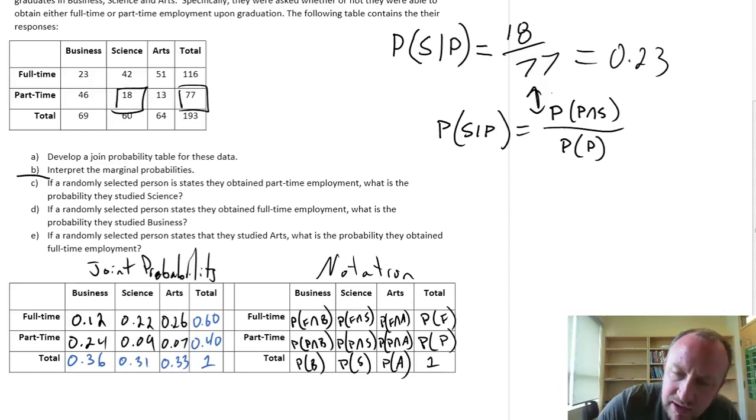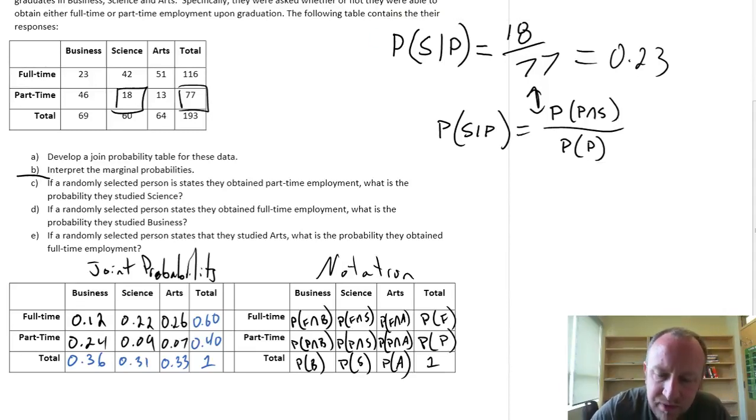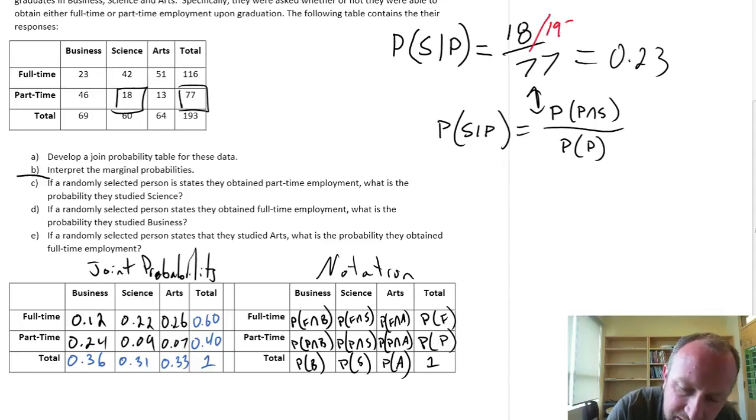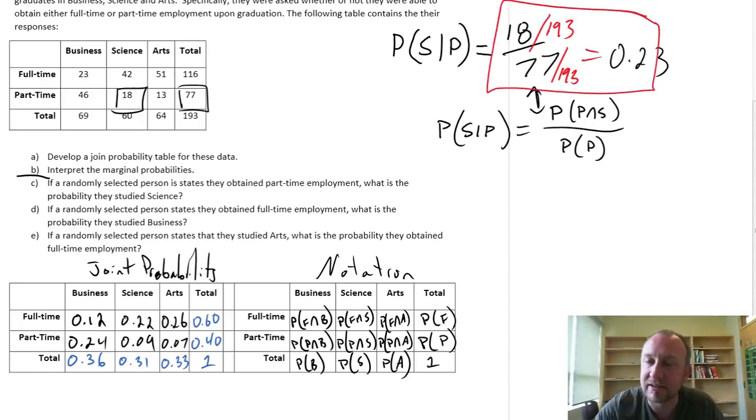Well, if I change my calculation ever so slightly and say 18 divided by 193 and 77 divided by 193, in this calculation those 193s in the denominators just cancel out. They don't really affect the calculation whatsoever.